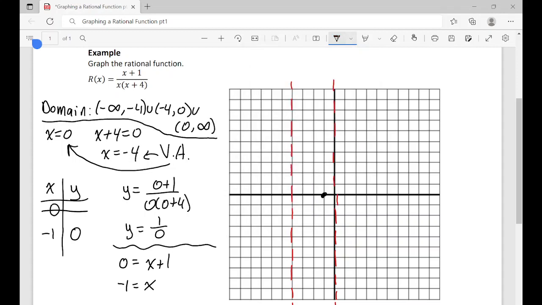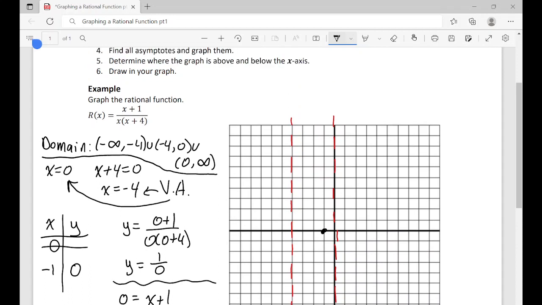Now, I need to find the horizontal asymptote. I can see that the top degree is going to be a 1. And in the bottom, I can see that x times x is going to be x squared. So the bottom is greater than the top. And when that's the case, you have a horizontal asymptote at y equals 0.